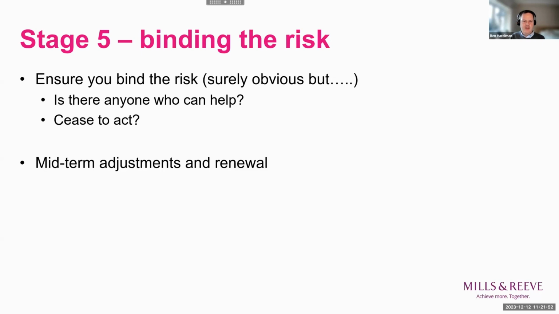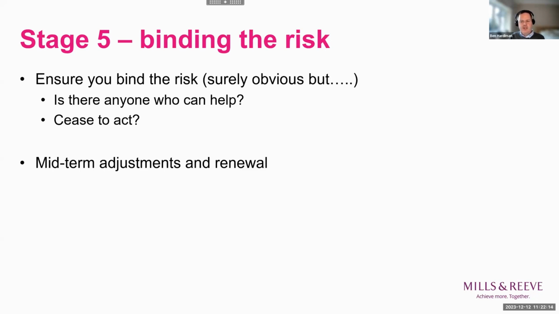It may be that you're unable to find cover because you don't have access to all possible markets. And it may be then that you need to consider involving a wholesale broker. I've seen brokers who involve a specialist wholesaler to place a particularly tricky part of a program, for example. So you might look at outsourcing the professional indemnity aspect of a wider commercial program.